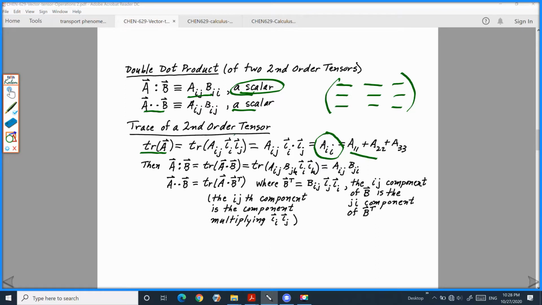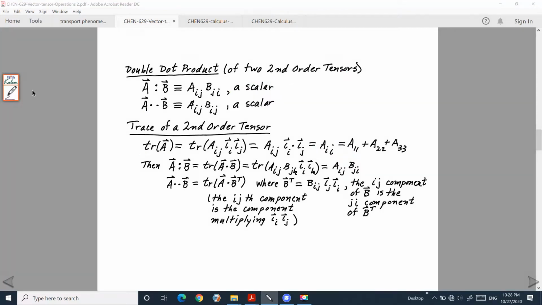According to the definition, the trace is the summation of the diagonal terms inside your matrix. So we can write a11, a22, and a33. This is called the trace of your tensor. Okay.